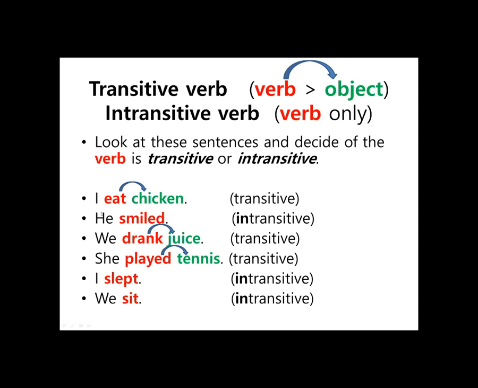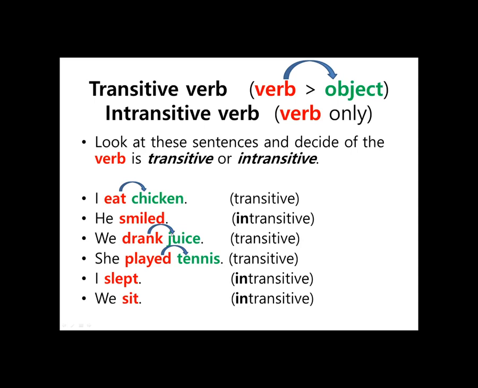So we have I eat chicken. We have the action word here, our transitive verb, and our object noun. So this is transitive. He smiled. It's no object, so this is intransitive.